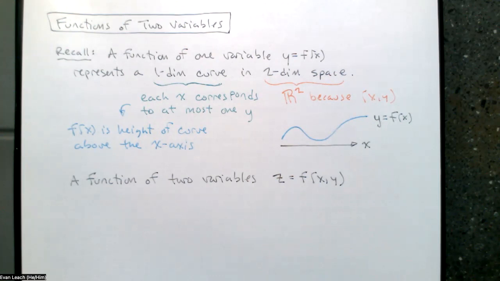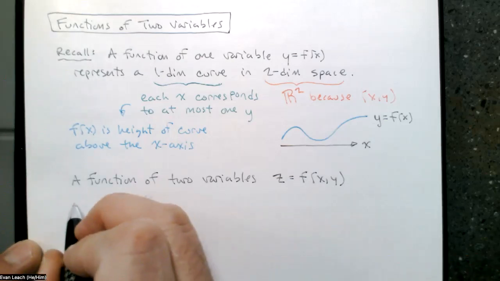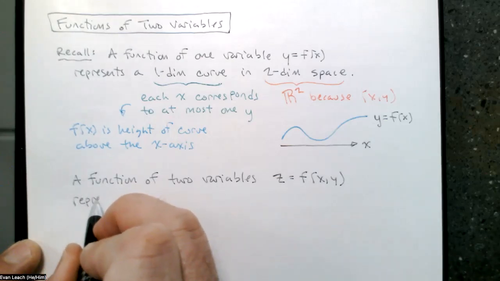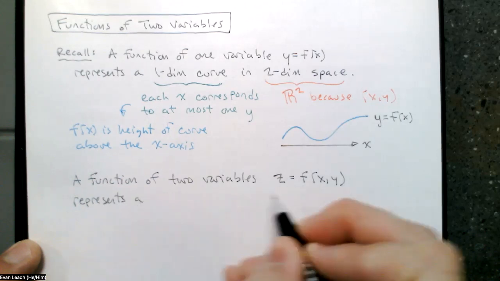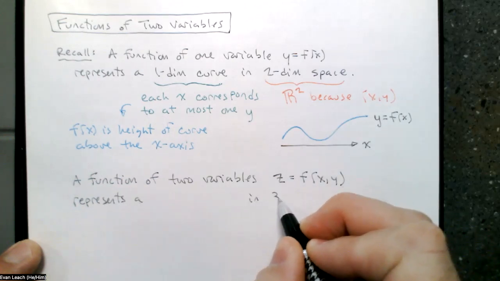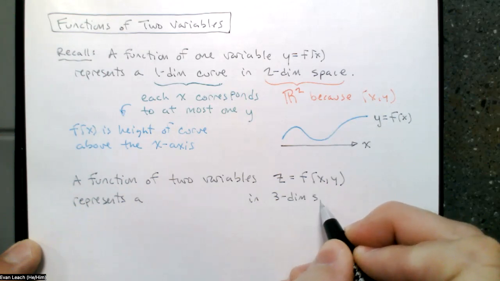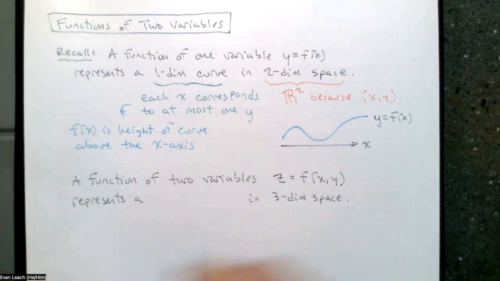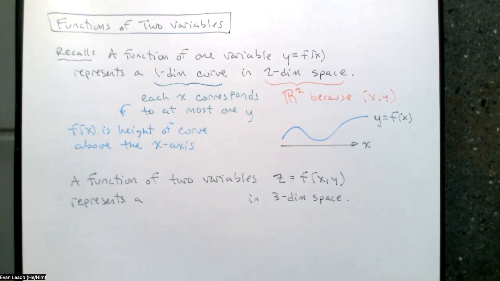So whatever this is going to represent, it's going to represent it in three-dimensional space because I've got an x, a y, and a z.